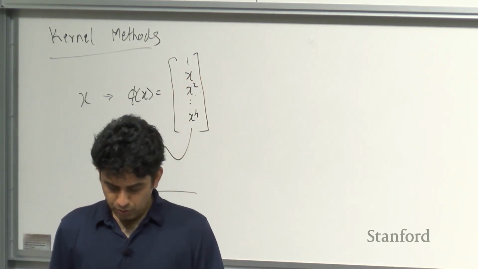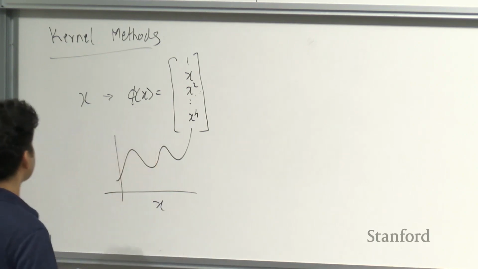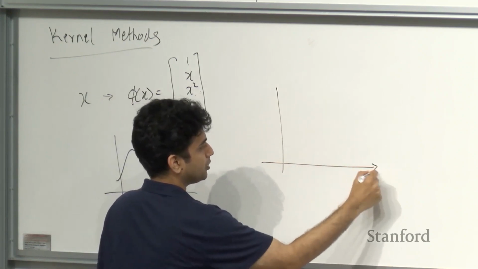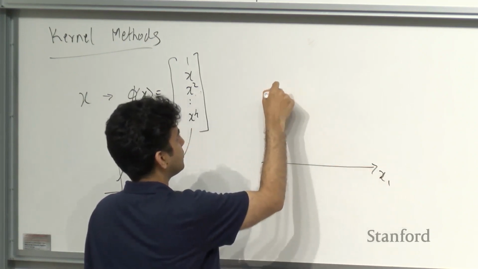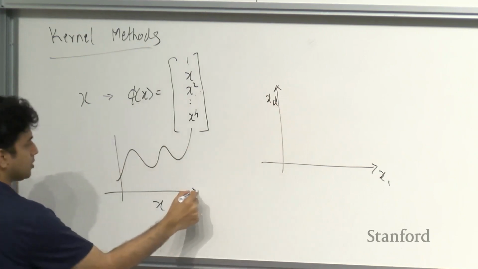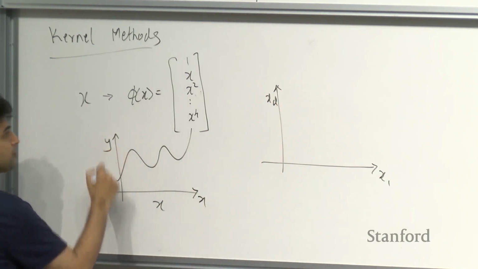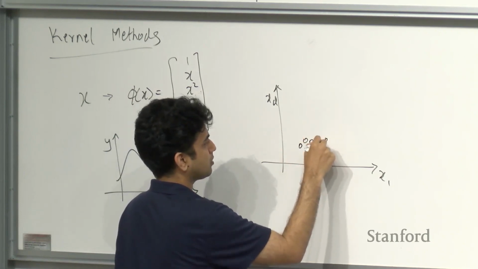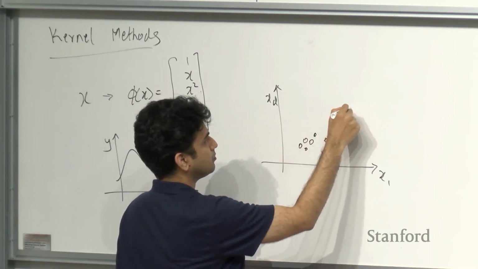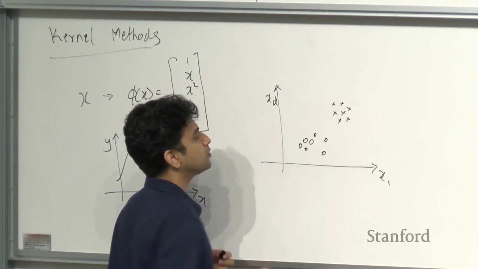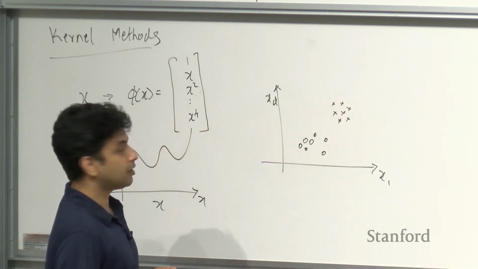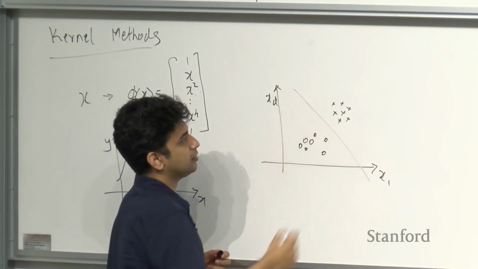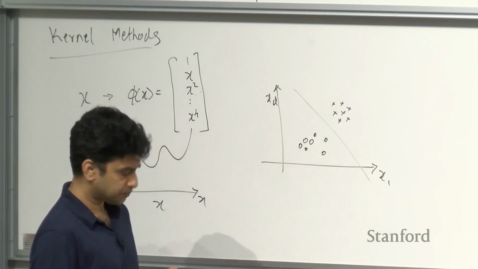Now, to extend this into the classification setting similarly, suppose this is x1, xd. In this case, it was x and y. So supposing you have two classes. Now, if you fit a linear model, for example, you might get a separating hyperplane like this.